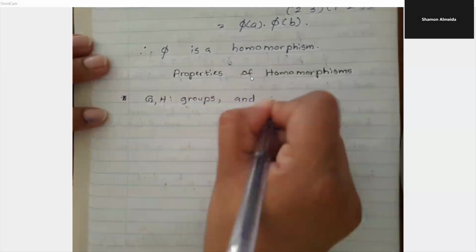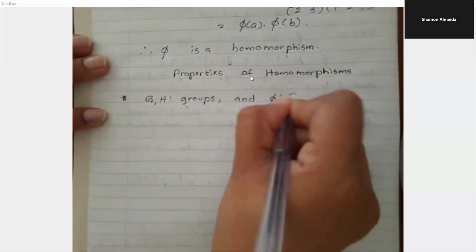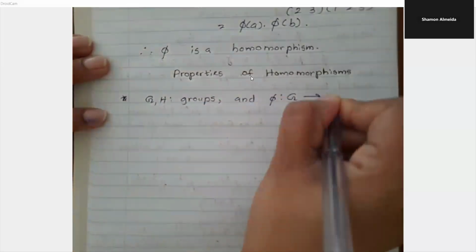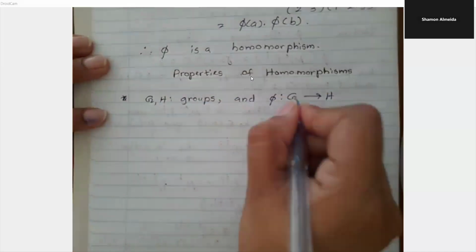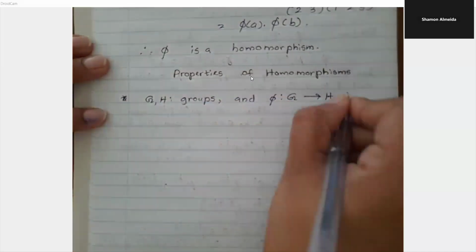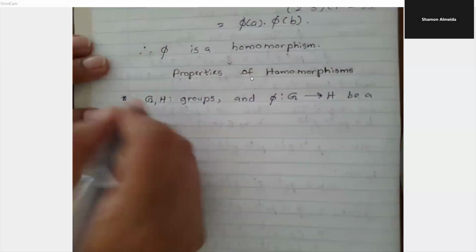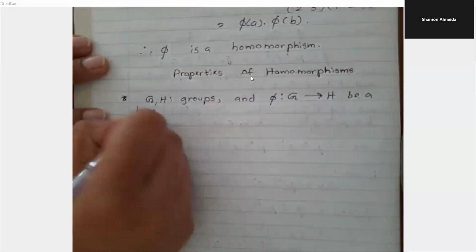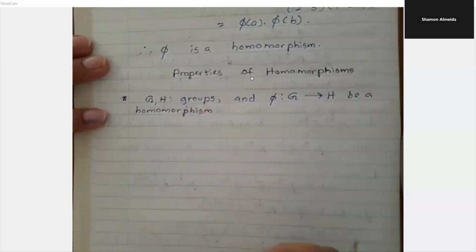Okay, let's take G and H to be groups, and let's take phi to be a group homomorphism from G to H. Then if we have G to be abelian, H must also be abelian.